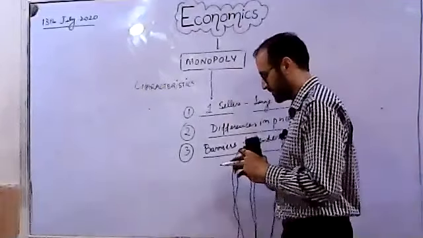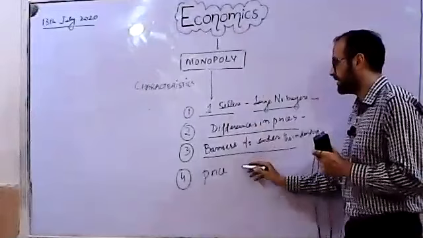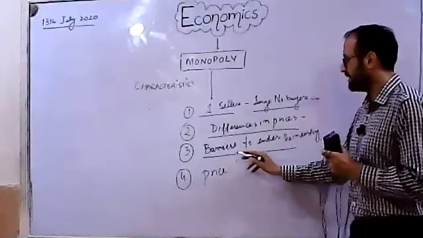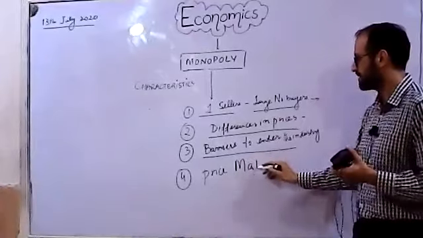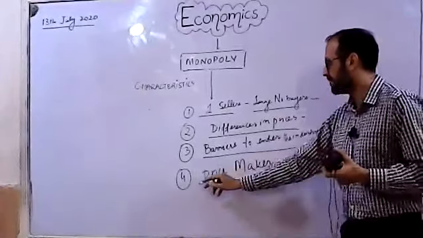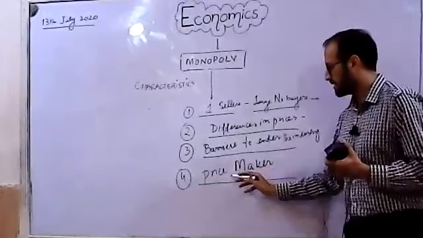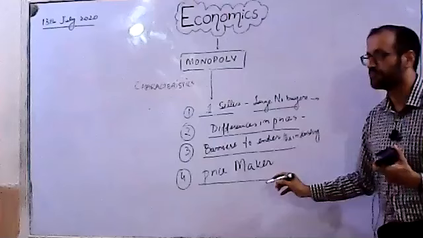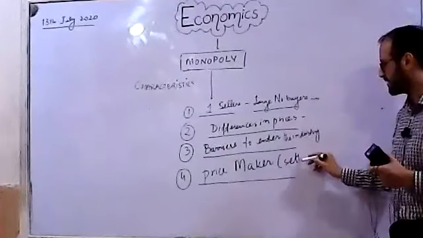All right. We knew that in perfect competition we were usually price takers. We were bound to take the price which is set in the market. But over here, since the monopolist is the only one in the market, he can influence the price, and we can give him the terminology that he is a price maker, or a price setter.